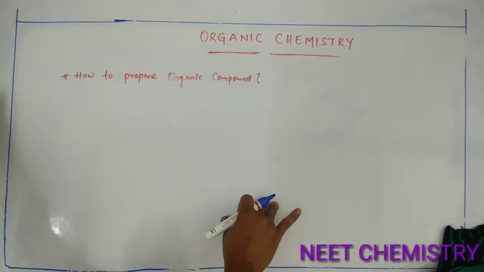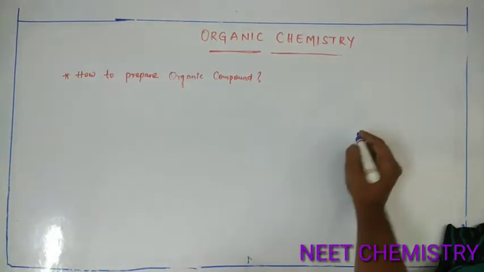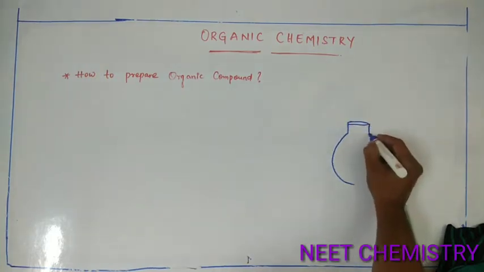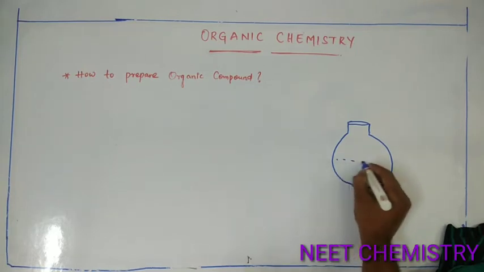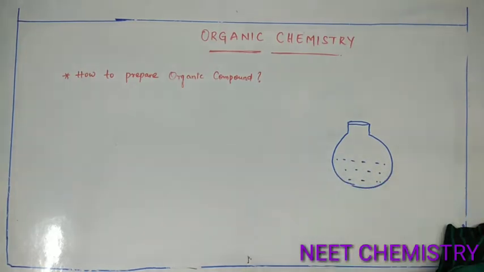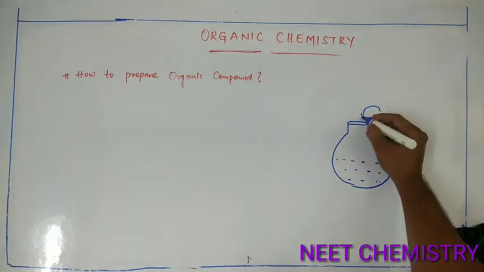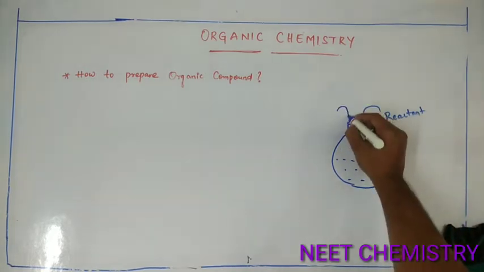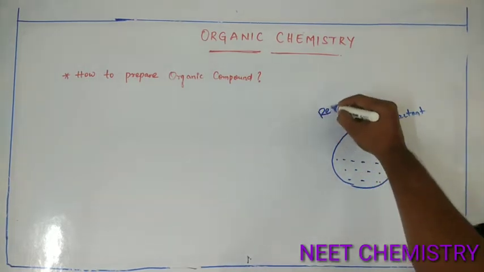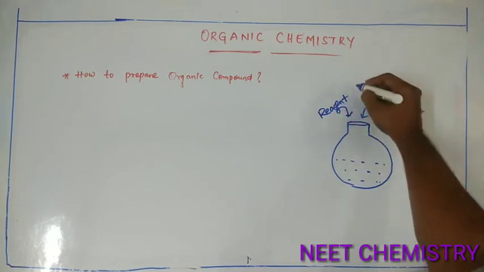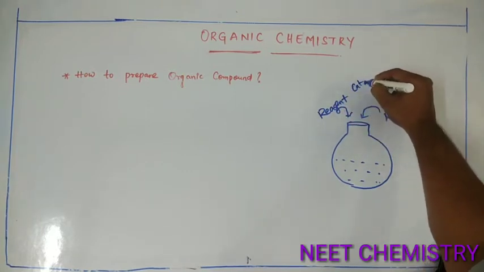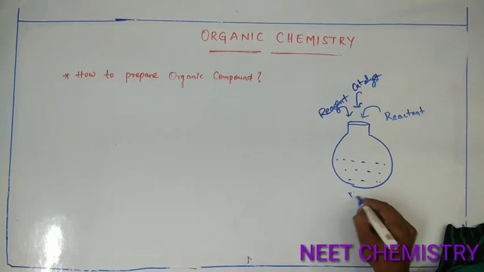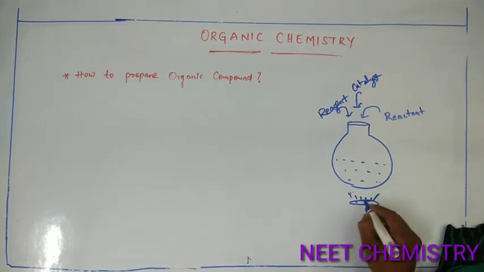How to prepare an organic compound? First we take a round bottom flask. To this flask, first you take the solvent. Then you add the reactant, and later you add the reagent. If a catalyst is required, you add the catalyst, and you maintain the temperature by heating.